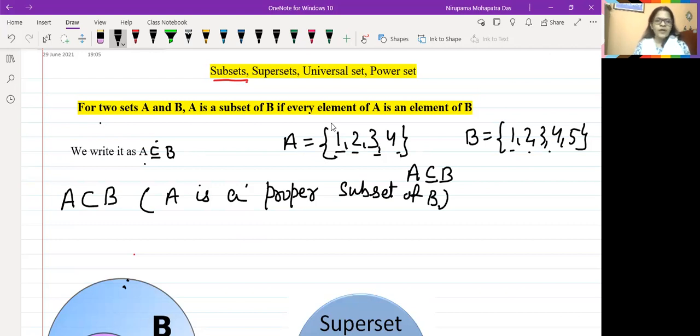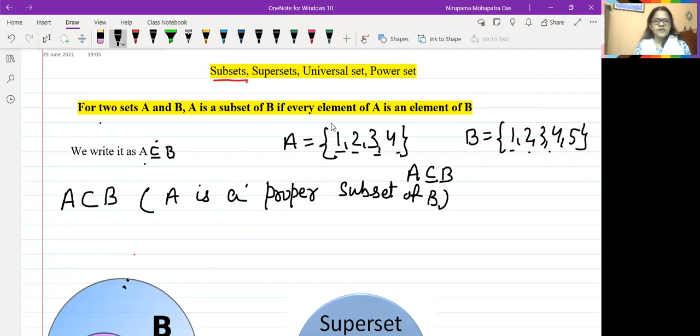Every element of A is an element of B, but A is not equal to B.